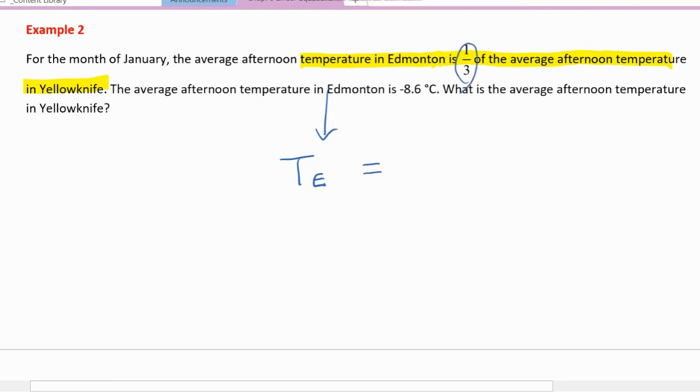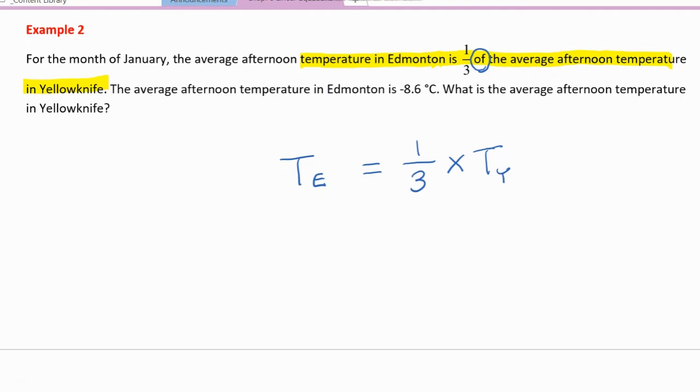And 1/3, so you just write down 1/3 here. And when you see "of" in mathematics, that's always multiplication. So 1/3 times the average temperature in Yellowknife. I'm going to use TY for the temperature in Yellowknife.